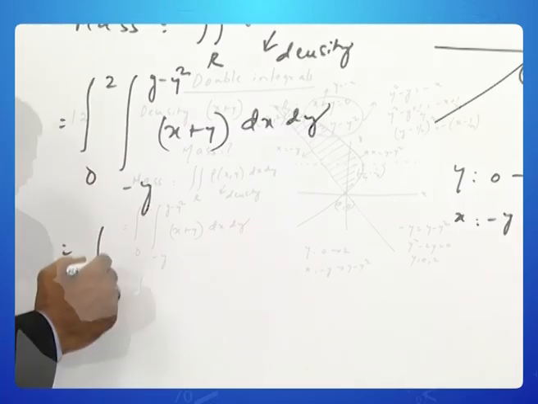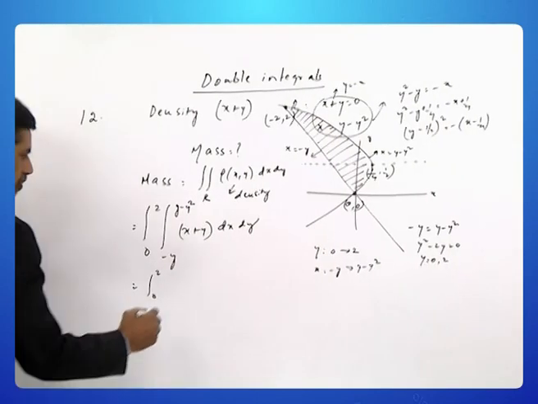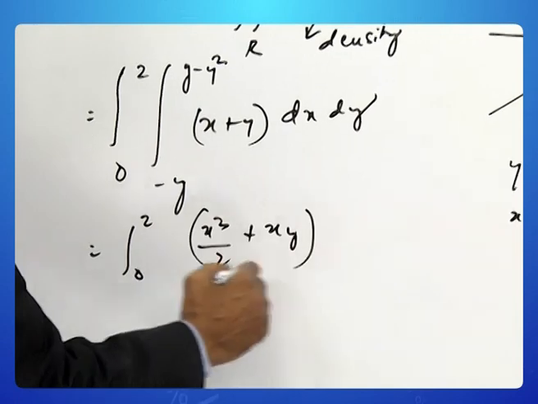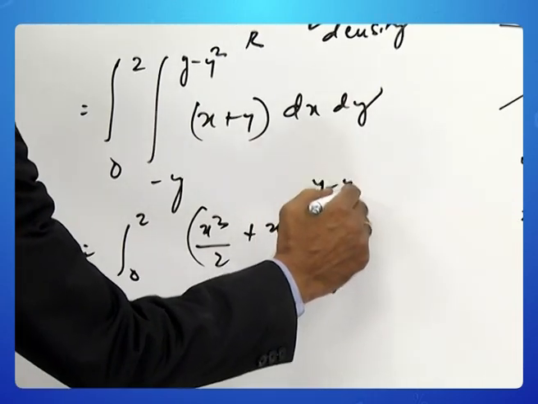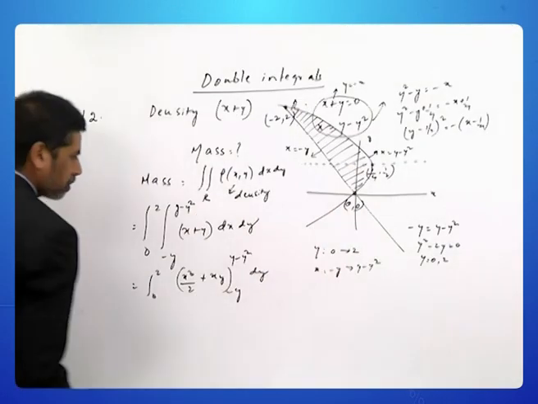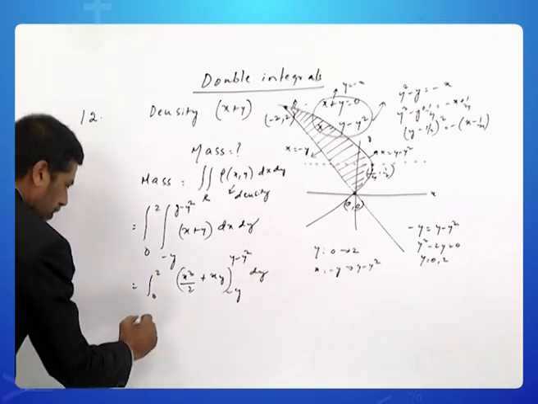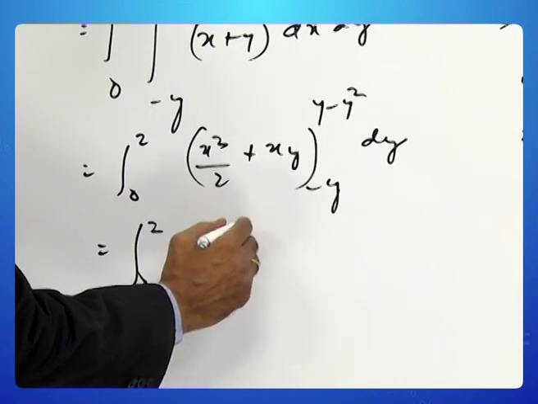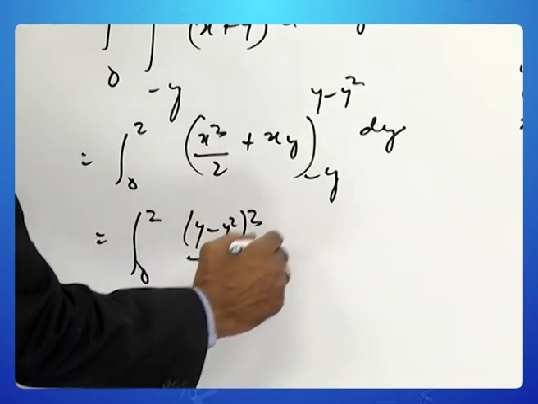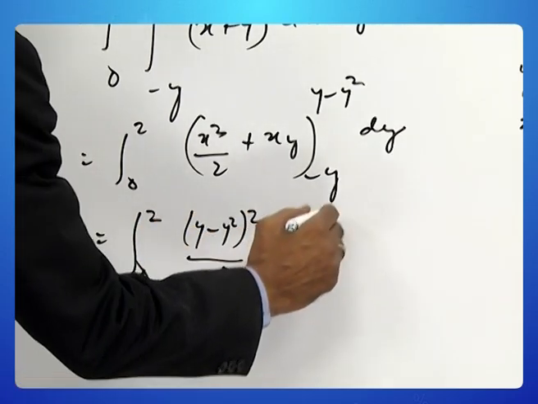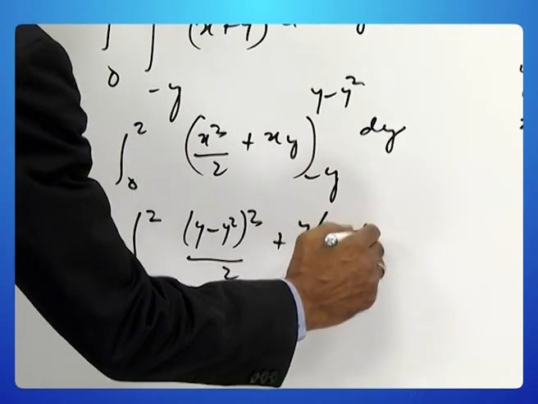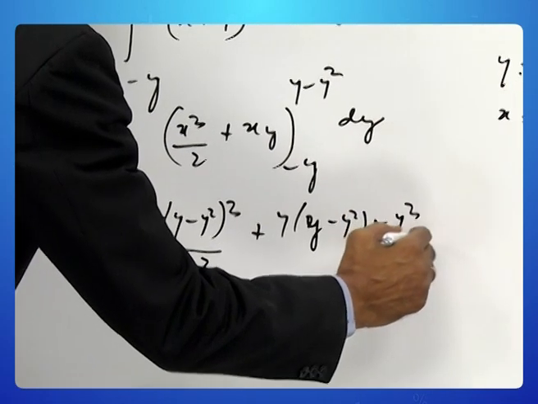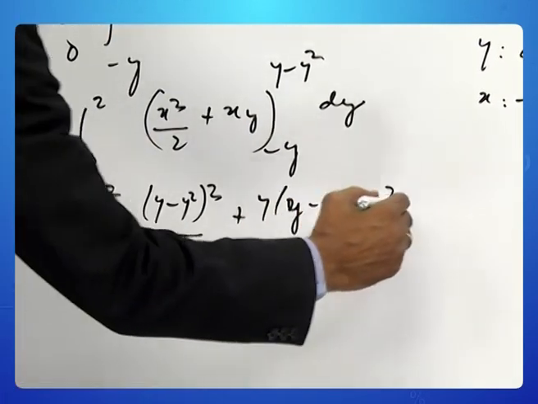So this is a routine integration. However, I'll do the first part: x squared by 2 plus xy from minus y to y minus y squared, dy, right? So 0 to 2, (y minus y squared) whole squared by 2 plus y into (y minus y squared), lower limit, minus y squared by 2 becomes plus y squared.